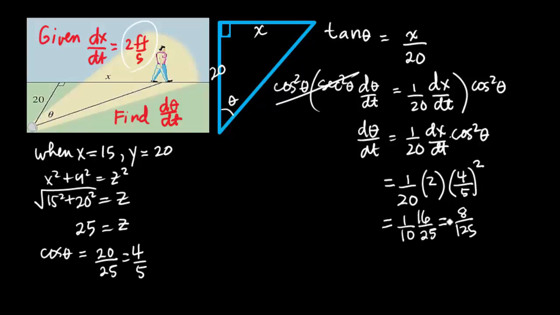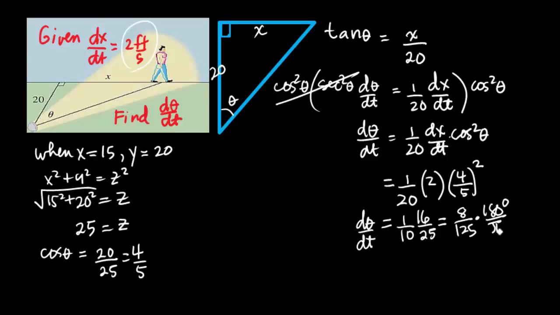Now, what is the unit of measure here? Since this is in radian measure, that's your dθ/dt. We're not done yet, because they're asking for degrees per second. So this is actually radians per second. To get degrees, we multiply by 180 degrees over π.